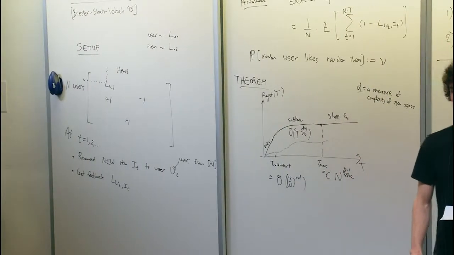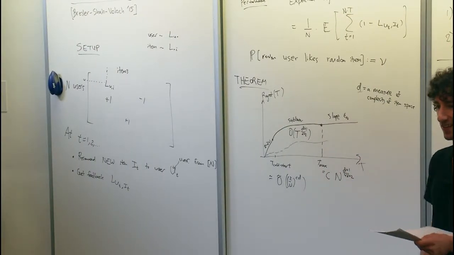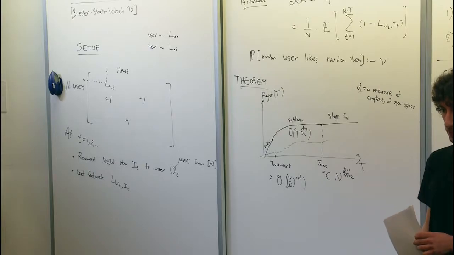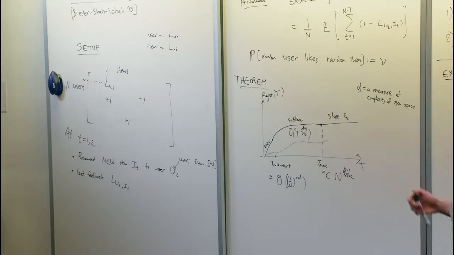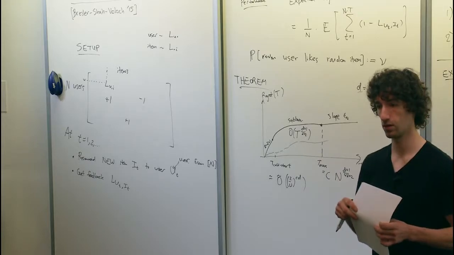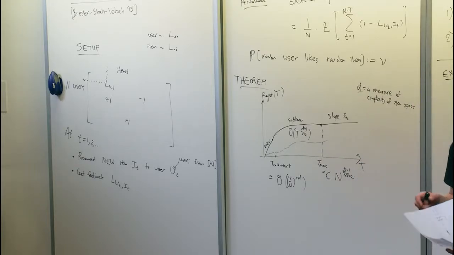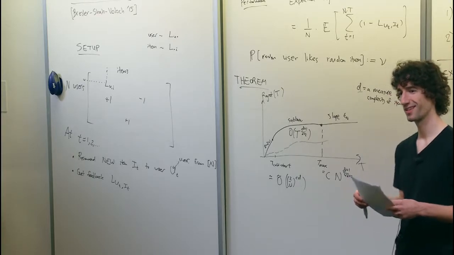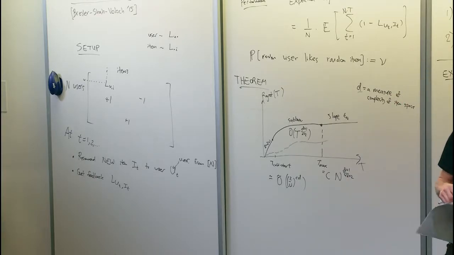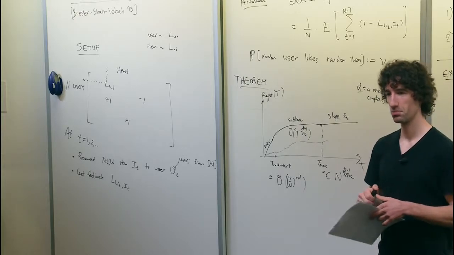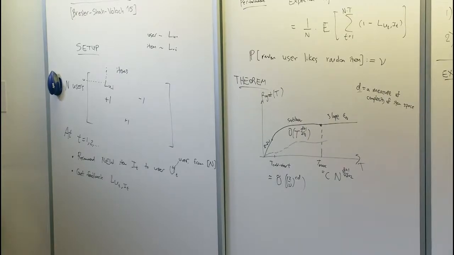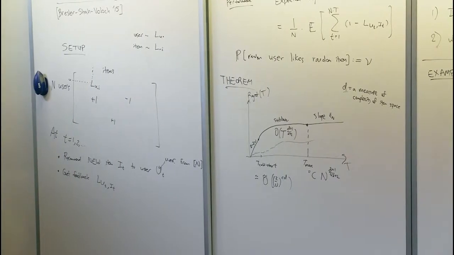Sorry, if instead of this setting, you're in a setting where you're allowed to pick any user-item pair that's not yet been queried, meaning you can choose which user you're giving a recommendation to, is it actually strictly better? That's a good question. I'm not totally sure. There are a lot of settings where that's actually the setting you're in. It's debatable, but we can talk about it.